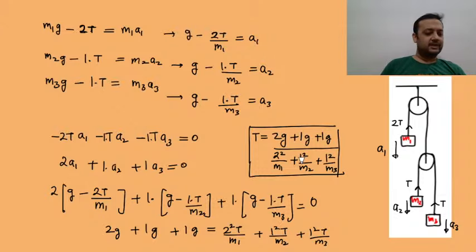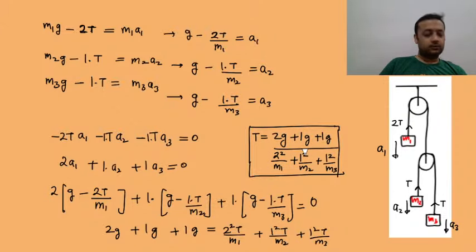So this is the value of the tension that I have found out, and I had told you exactly. So guys, I think you would be able to appreciate this was exactly what I had told you: 2 into g for M1 and 1 into g for M2 and 1 into g for M3, divided by 2 square by M1 plus 1 square by M2 plus 1 square by M3.